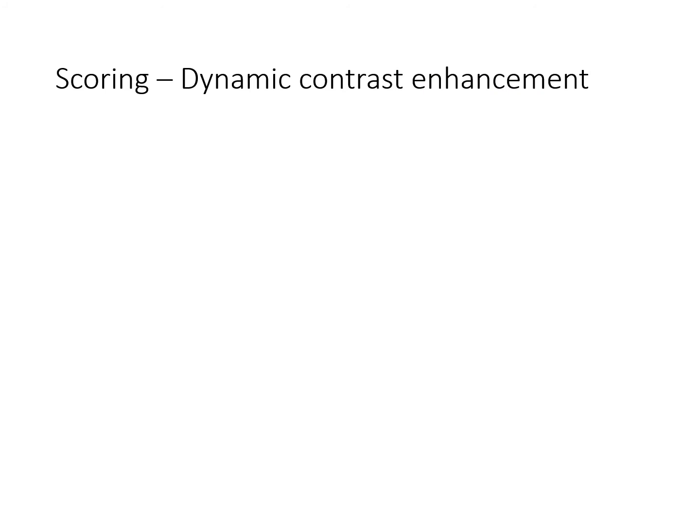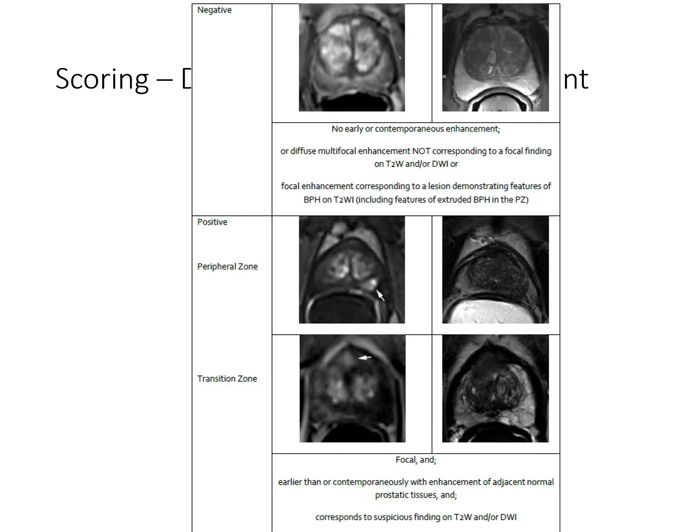And just a tip, I'll probably show you this in an example as well: sometimes if you're having difficulty assessing a nodule, have a look at the coronal as well, because that can sometimes tease things out for you. And for the dynamic contrast enhancement, the scoring is simpler in some ways.